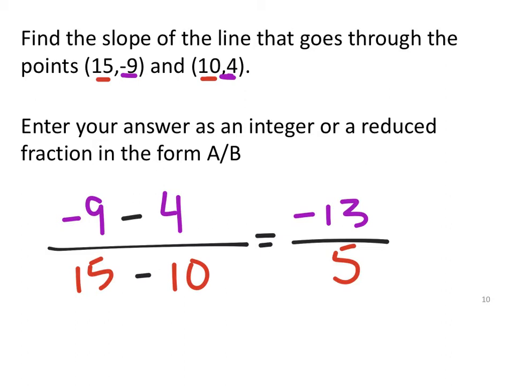Now, just in case you were wondering, is there a way we can use the calculator on this? Yeah, sure. Remember the fraction button on this, n/d? You just click it, then you type in -9 minus 4, and that's my numerator. And then you scroll down using this cursor function right here, the oval, and then you just type in 15 minus 10, and it will actually do all the work for you. And if it needed to be simplified, it would, of course, but this one didn't.